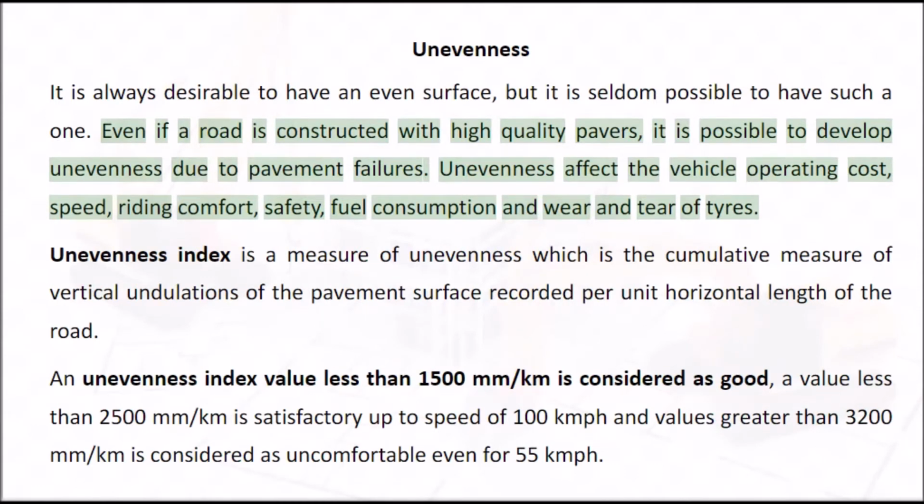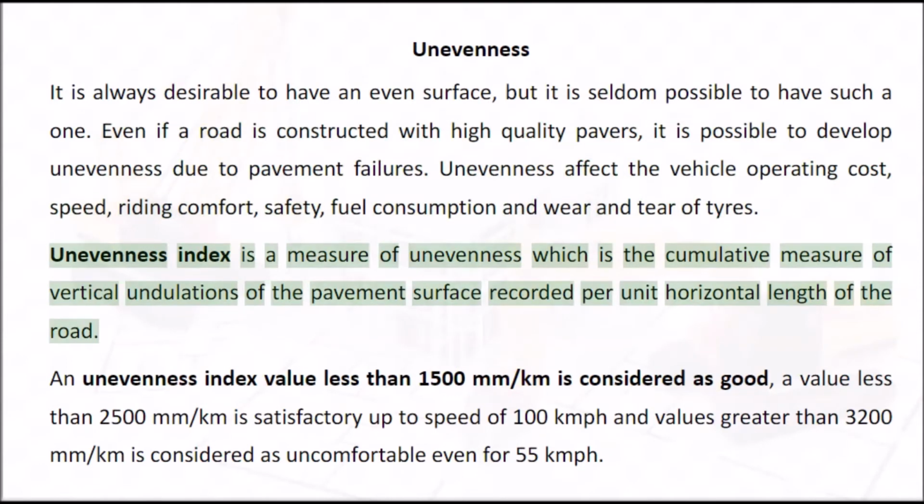Unevenness affects the vehicle operating cost, speed, riding comfort, safety, fuel consumption, and wear and tear of tires. Unevenness index is a measure of unevenness, which is the cumulative measure of vertical undulations of the pavement surface recorded per unit horizontal length of the road.